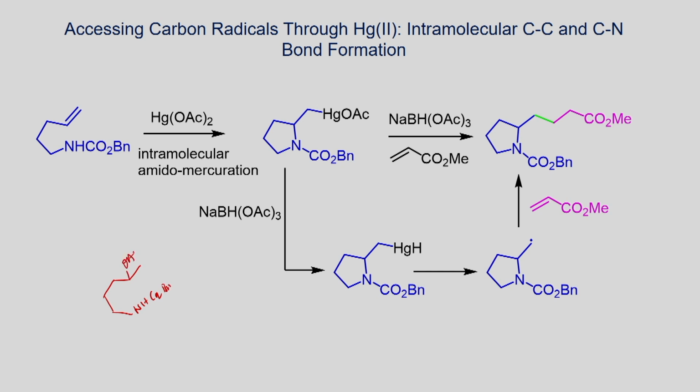You form the addition compound. Once you form this one, this can lead to intramolecular nucleophilic substitution to give this compound. Since it is a leaving group, via SN2 pathway you can form this cyclic compound.